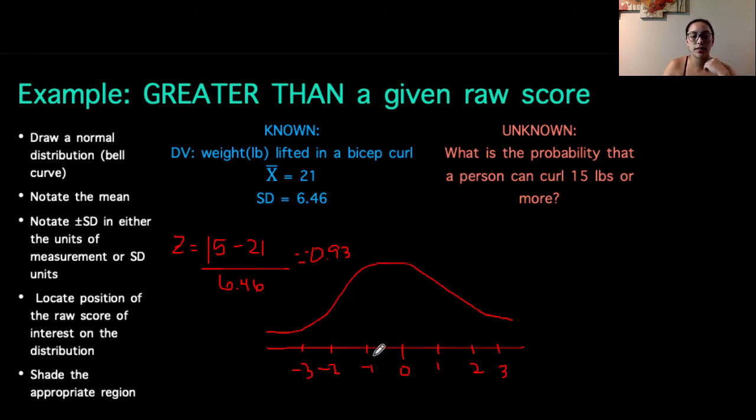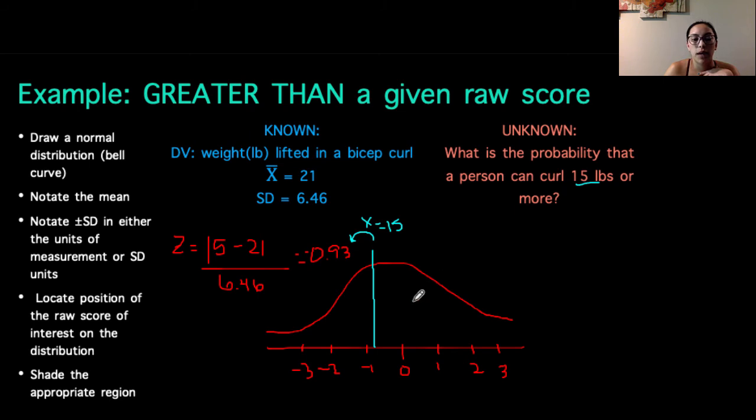In our distribution, 0.93 should exist between 0 and 1. Let's say it exists here. So that's this guy, which is also equal to x is 15, our raw score here.